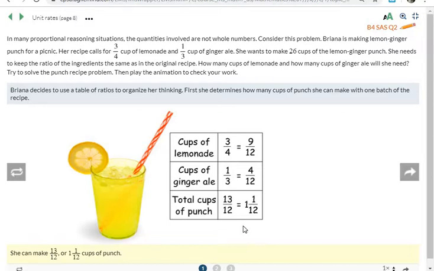Okay, we're not done figuring out the question because total cups of punch, there's only 1 and a little bit of a cup of punch with a little bit left over. She wanted a total of 26 cups, so we're not even close to her total. So we're going to figure out what she does with her math.